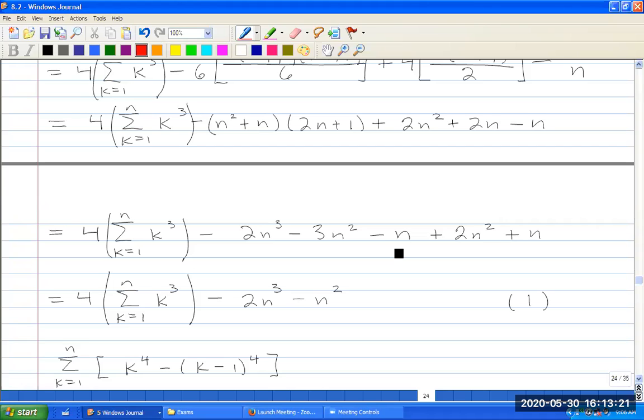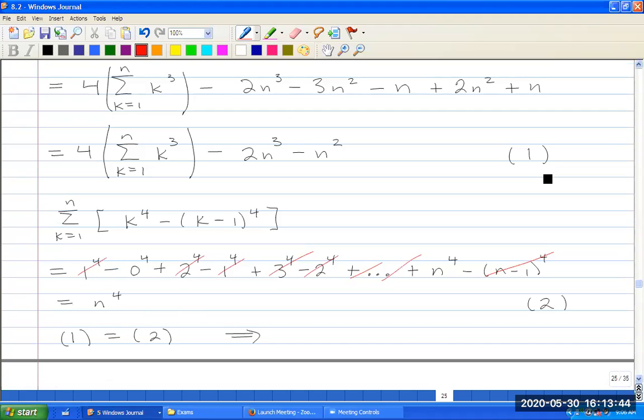Plus your 2n squared, canceling out. 2n minus n is just n. The n's cancel. 2n squared minus 3n squared is minus n squared. Let me call that equation 1.